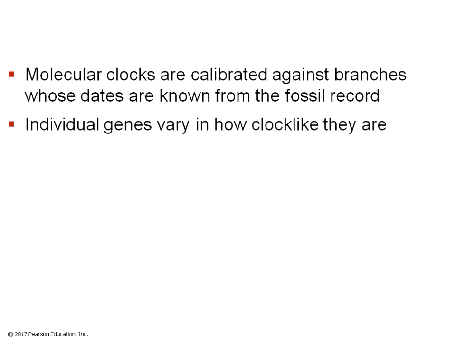Molecular clocks are calibrated, if you will, against branches whose dates are actually known in the fossil record. So you have to have something to compare it to get the correct time. But like I said before, individual genes are going to vary in how well they stick to that clock.